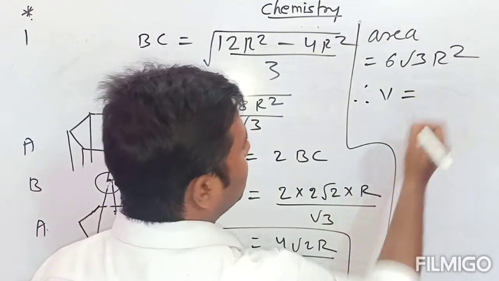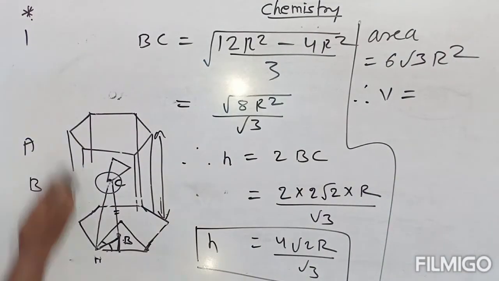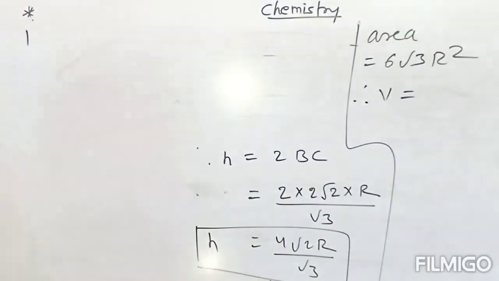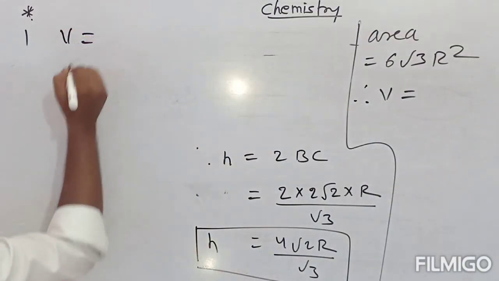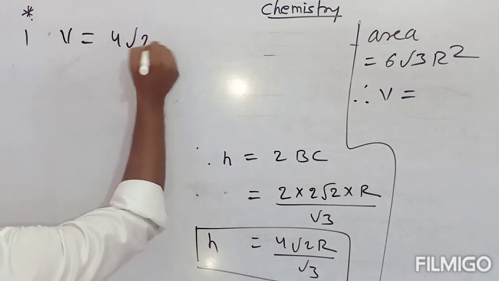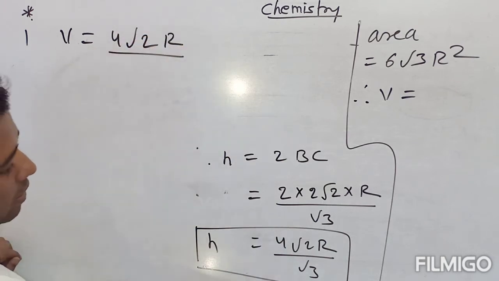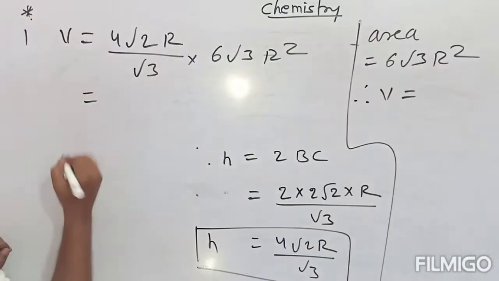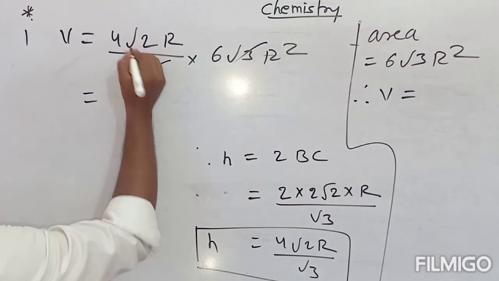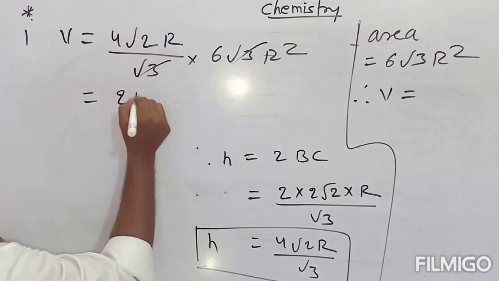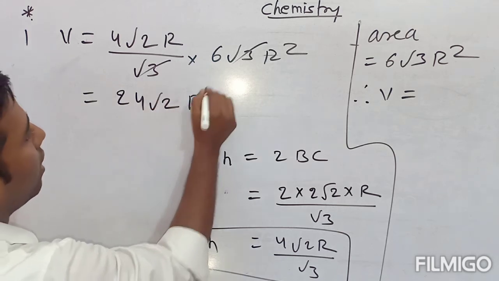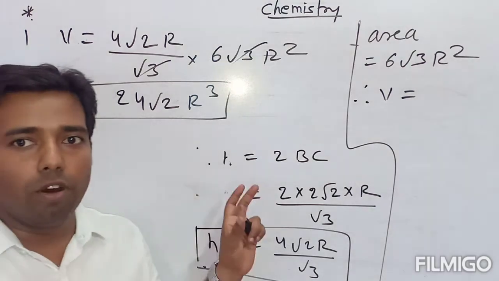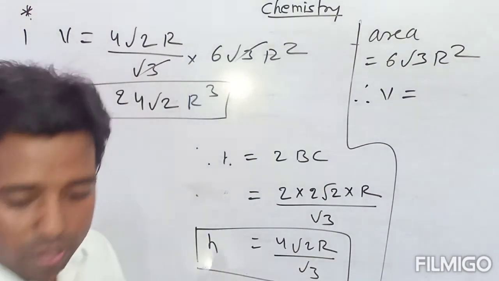Hence the volume is equal to 4 root 2 R by root 3 into 6 root 3 R square. Root 3 cancels out, and 6 times 4 is 24 root 2 R cube. This is the volume of the hexagon. Clear?